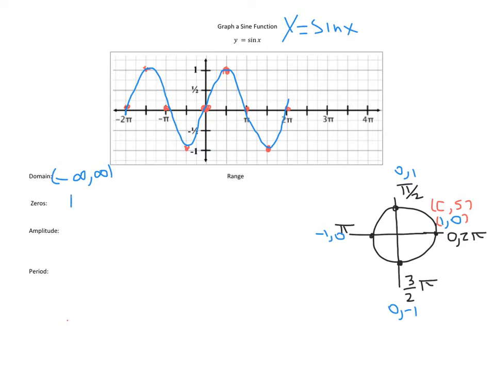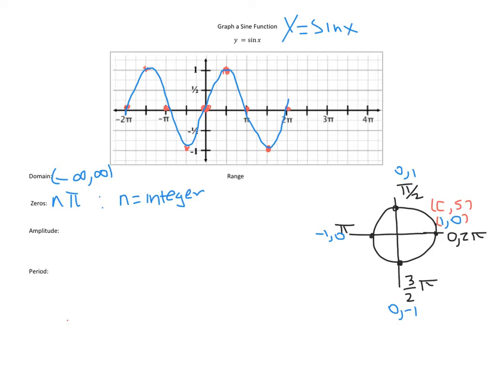So it is at n pi, or k pi, where n is an integer. That means it is at 0 pi, 1 pi, 2 pi, or even the negative integers.